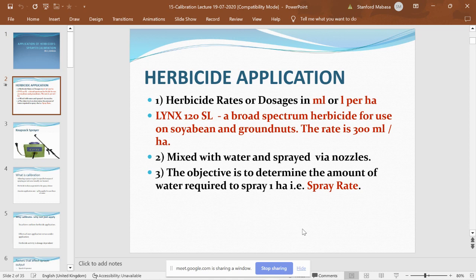It's a broad spectrum herbicide for use on soybean and groundnuts, and the rate could be 300 mils per hectare. So, how can we possibly distribute 300 mils of Lynx 120 SR? SR means soluble liquid.